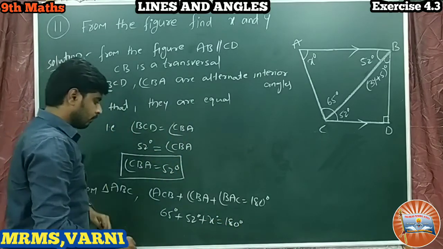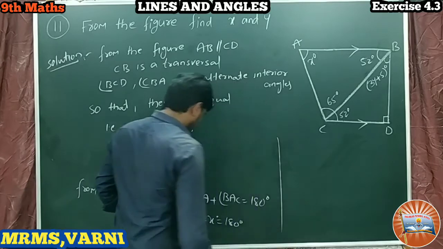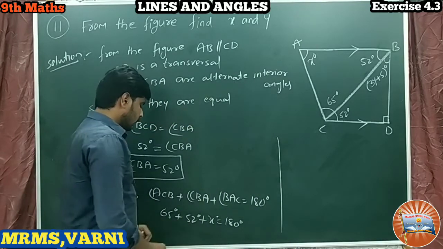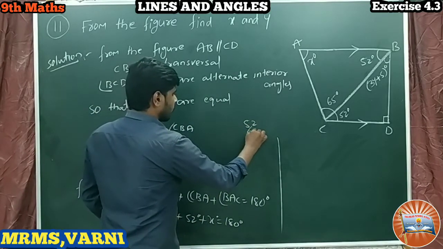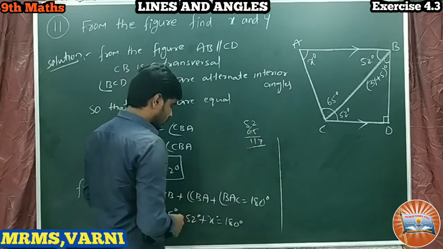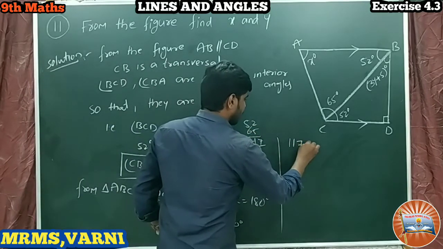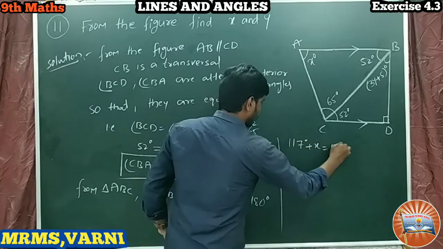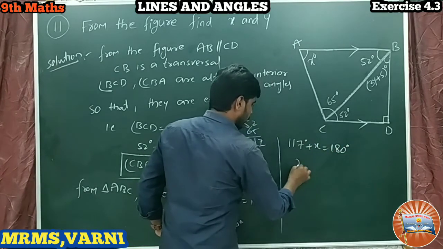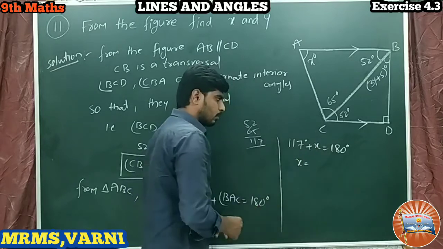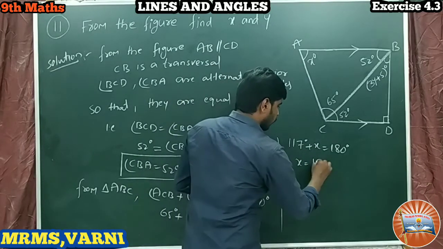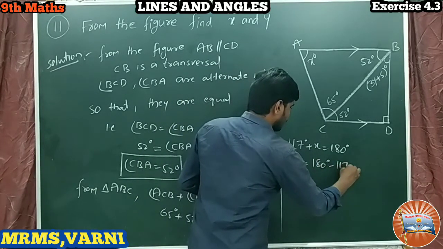Is it clear? Right. So 52 plus 65, 117 degrees. So 117 degrees plus x is equal to 180 degrees. So x as it is, 117 transpose to RHS side, it becomes 180 degrees minus 117.